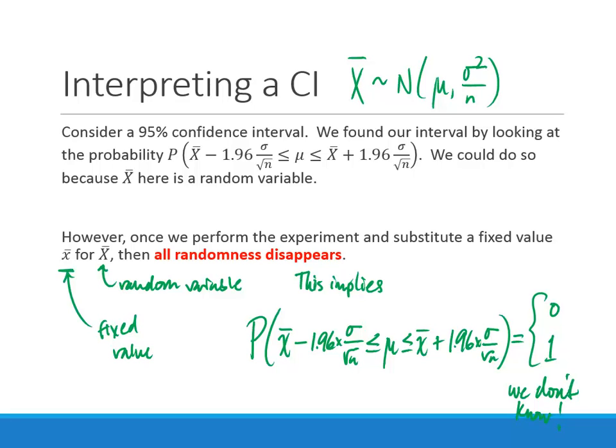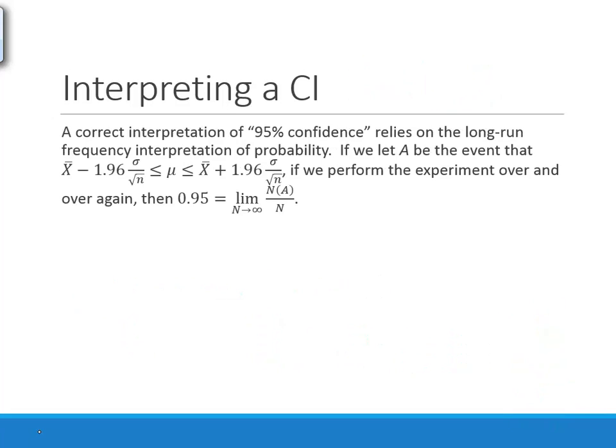So you might wonder, so what does that mean? This motivates how to interpret a confidence interval. A correct interpretation of 95% confidence relies on the long-term behavior of this thing.